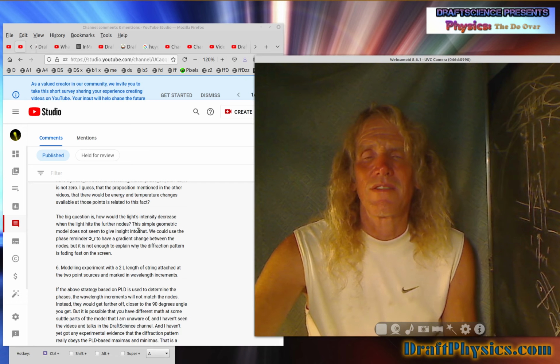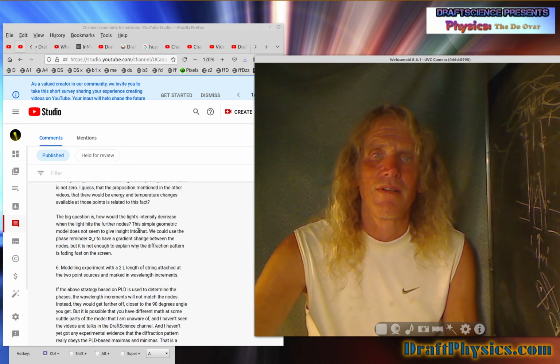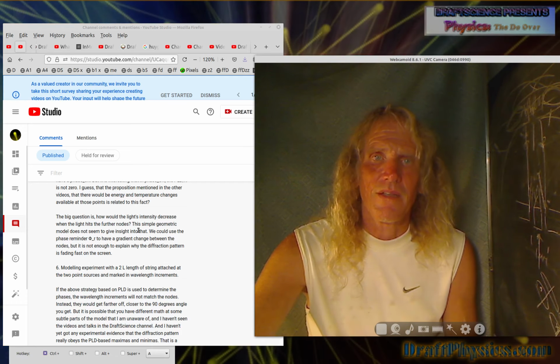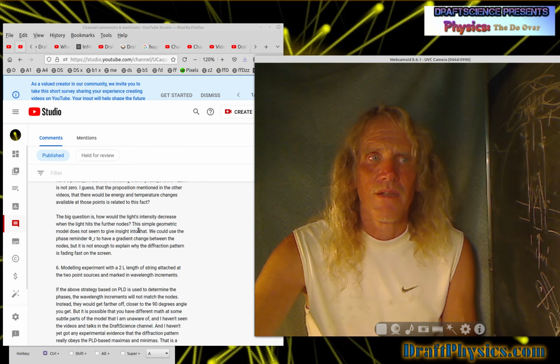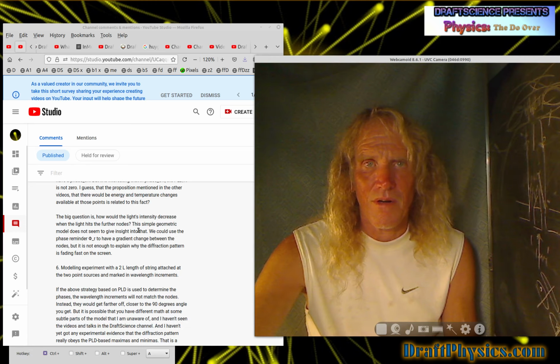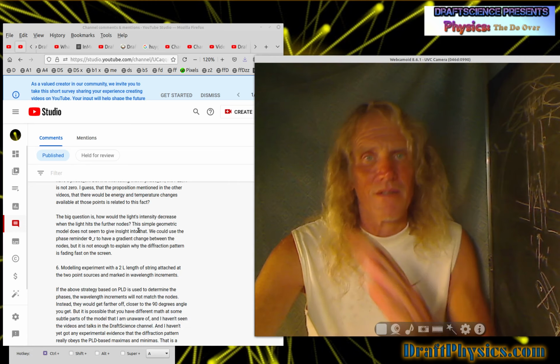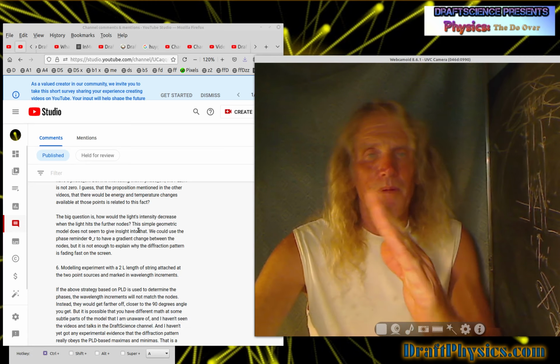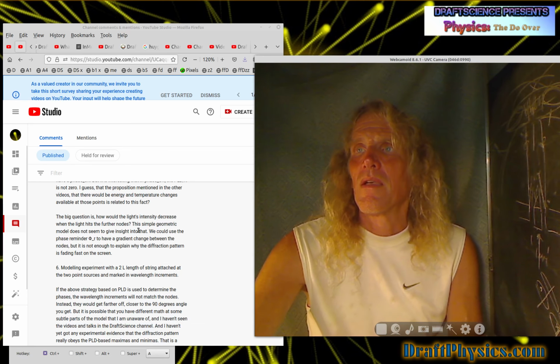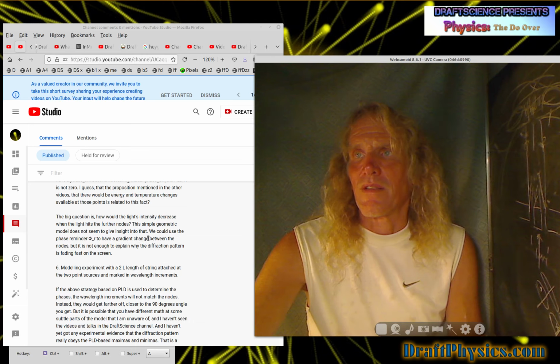There's just ones that had to be bent a higher angle. And the argument would be that bending happens incrementally, and therefore you're less likely to be bent a lot and more likely to be bent a little. The simple geometric model does not seem to give insight into that.